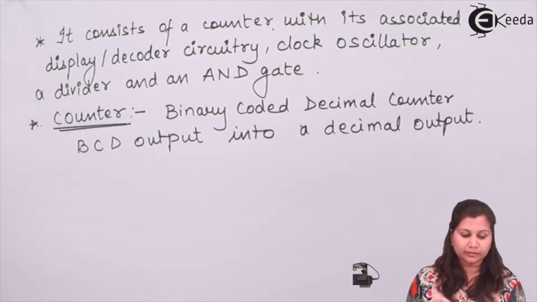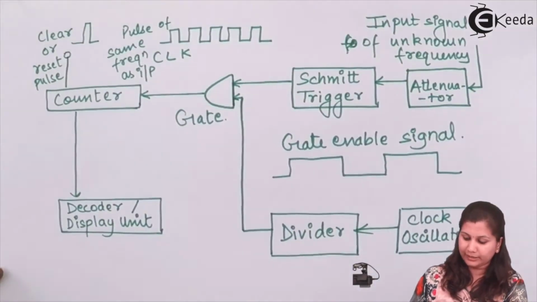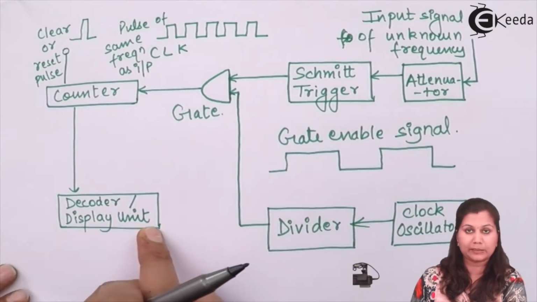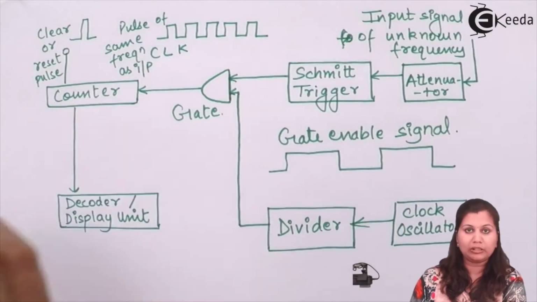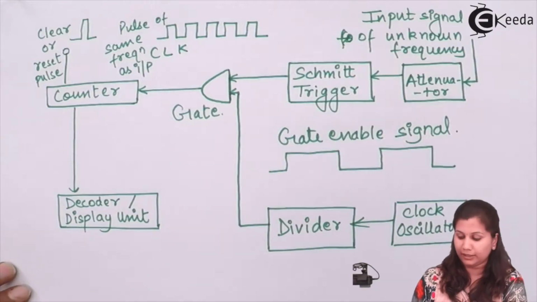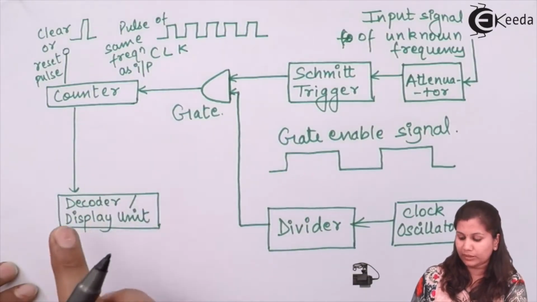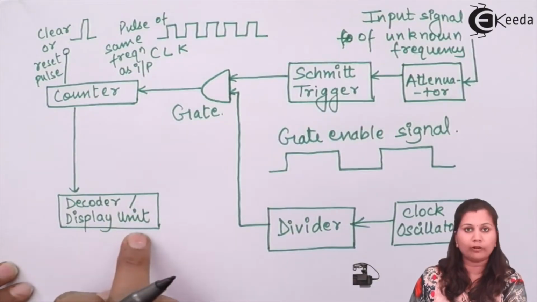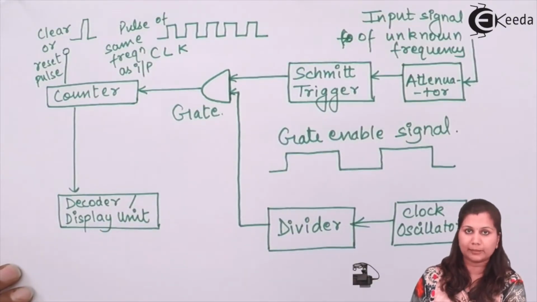Here in the block diagram you can see the counter and the associated decoder and display unit. Because it is a BCD counter, it counts the value in BCD. This BCD value is converted into a decimal value by the decoder, and then it is displayed on the display screen.